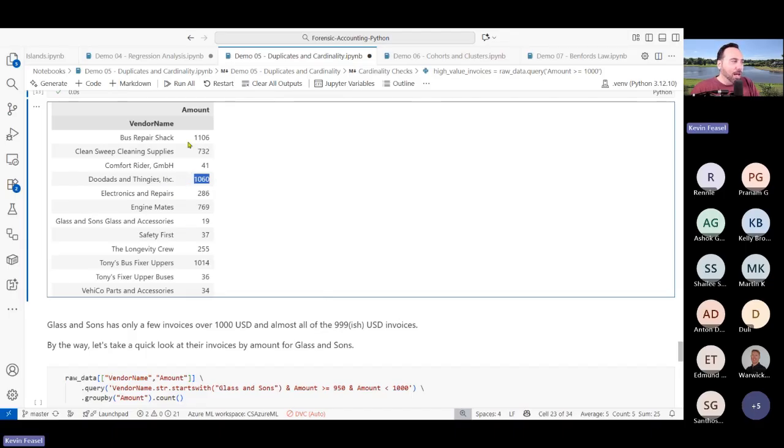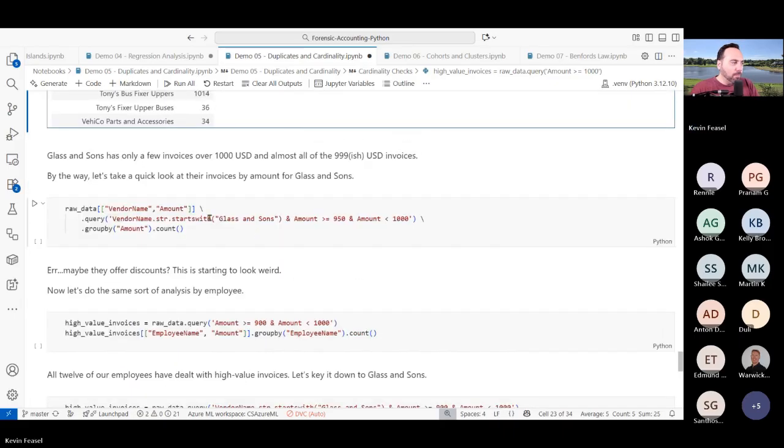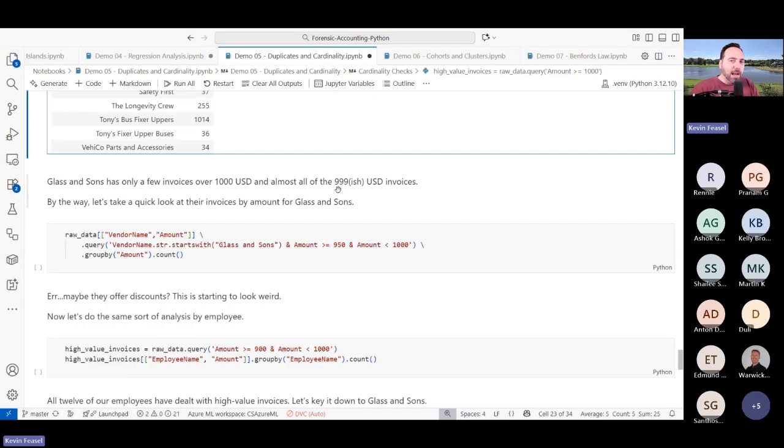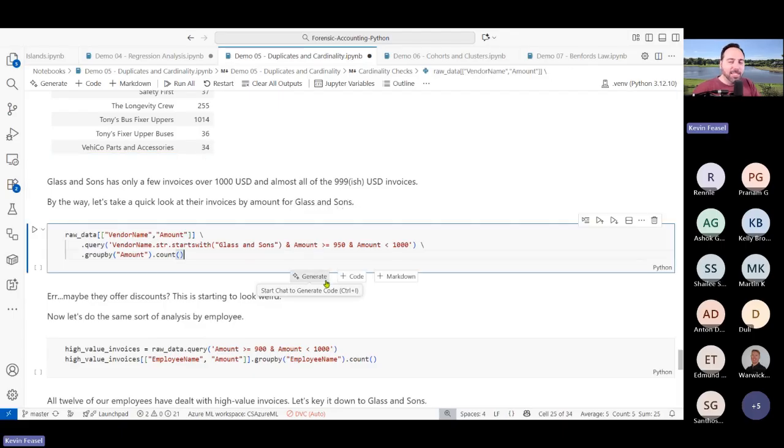So these guys have a lot over $1,000. But these people don't. They only have 19 total that are above $1,000. So they have more that are $999.99 than anything $1,000 or more. Again, it's not proof, but it's weird. It is another flag. The flag is getting redder. We at least have a pink flag.